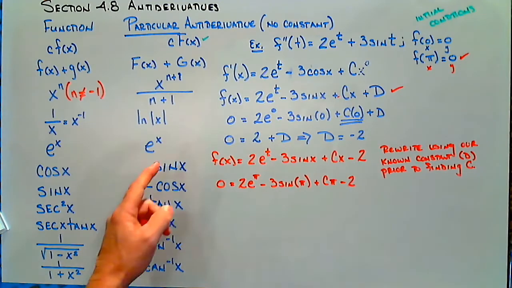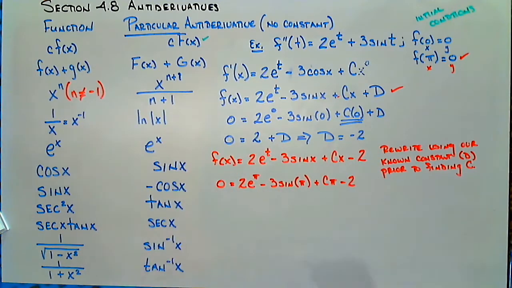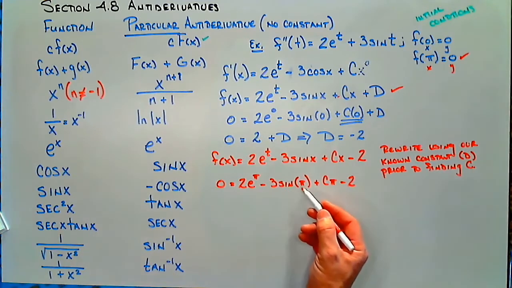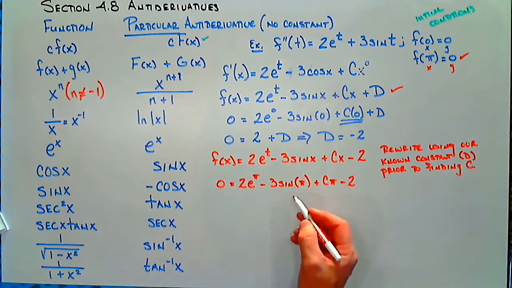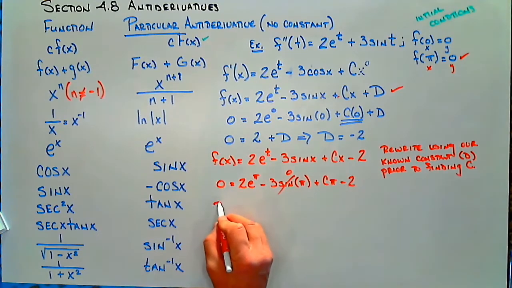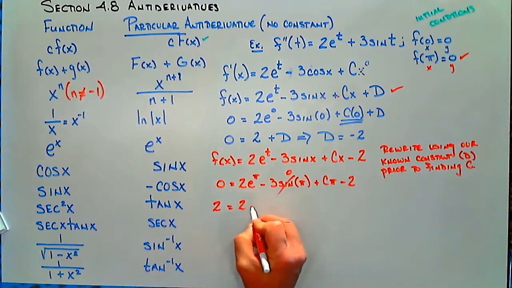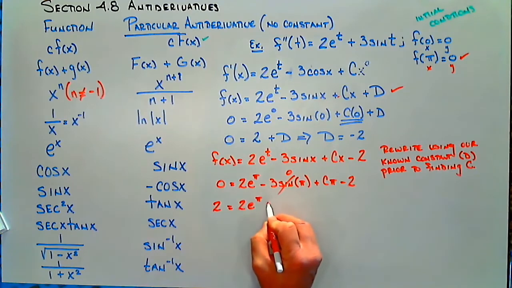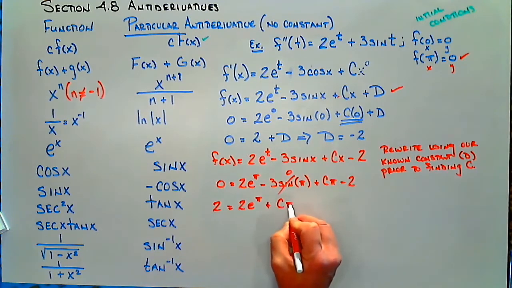Now, unlike the previous problem, which worked out mathematically kind of simple, where everything came with zeros and went away, this one's going to be a little more involved. Now, sine of pi is 0, so that's nice. So this is 0. So what do we do here? We can move the 2 over. We get 2 equals 2e to the pi plus c times pi.